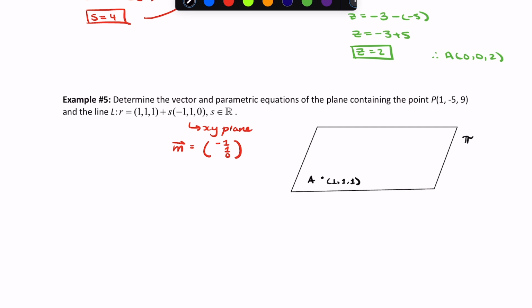So that would be A. Have point P, which is at 1, negative 5, and 9. So we'll represent from A to point P as vector B. And then we have our line as well.